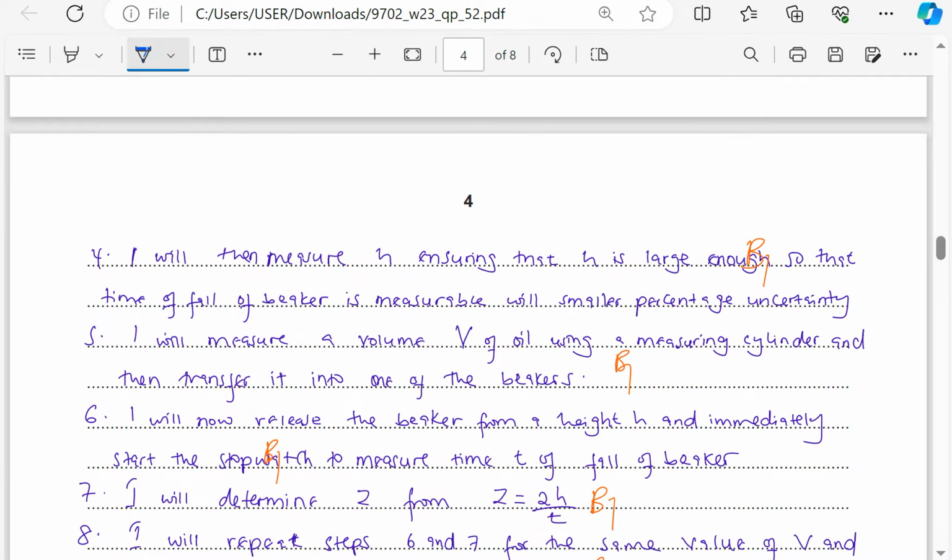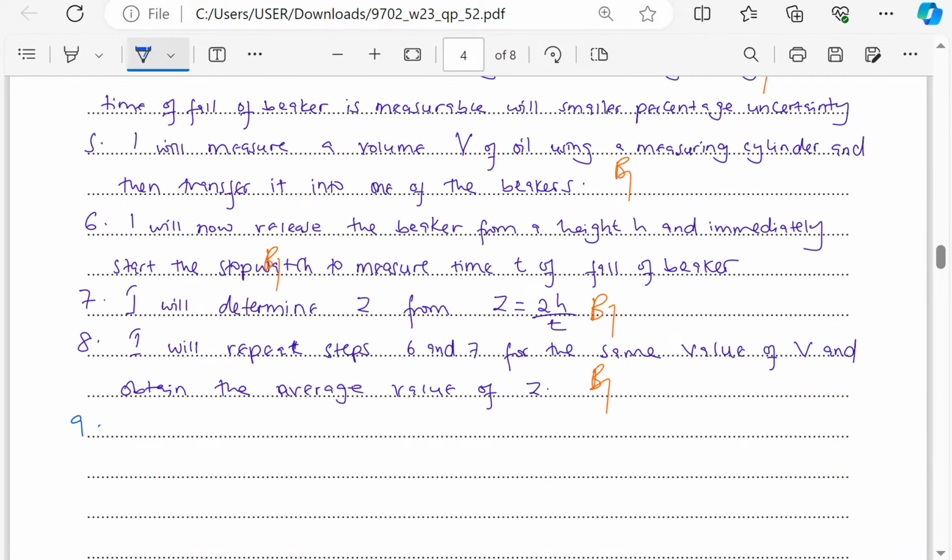I think I should repeat steps 5 to 8 for different values of v until I have at least 6 sets of results.